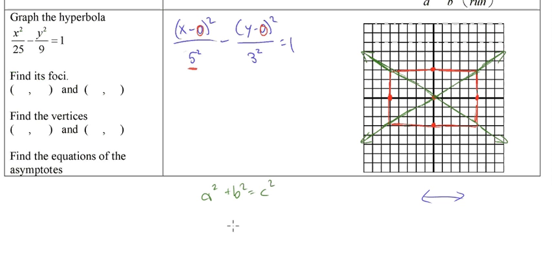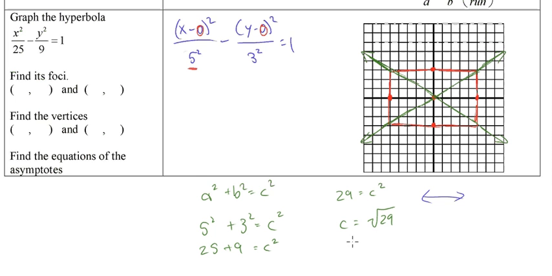So we've got 5 squared plus 3 squared equals the distance to the focus squared. That's 25 plus 9 equals c squared.